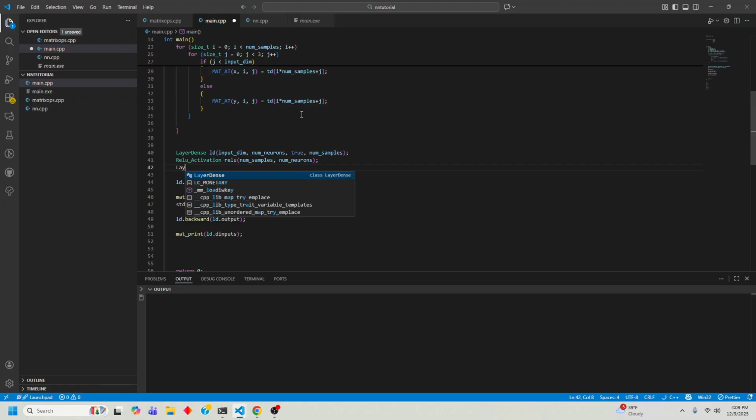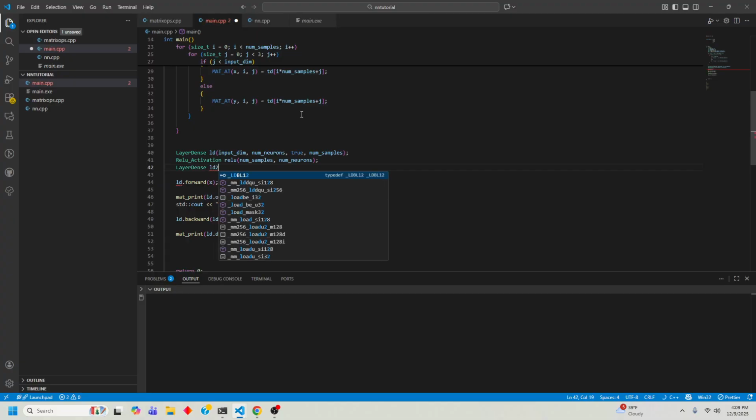We'll make a second layer so that we can use the sigmoid.